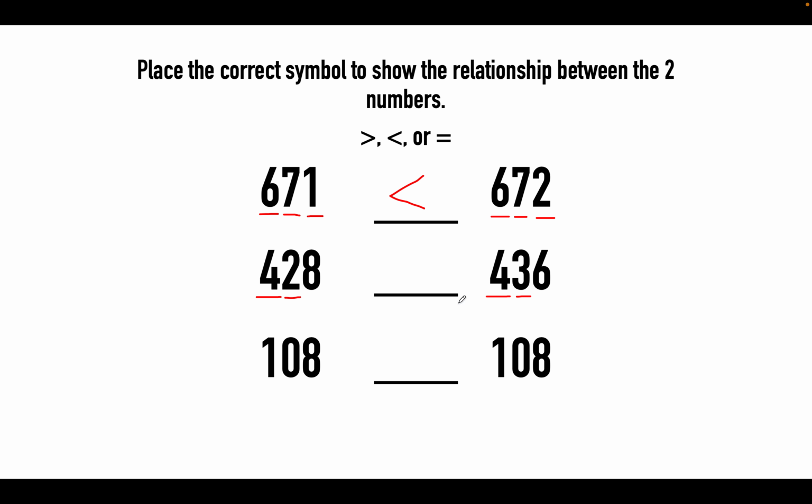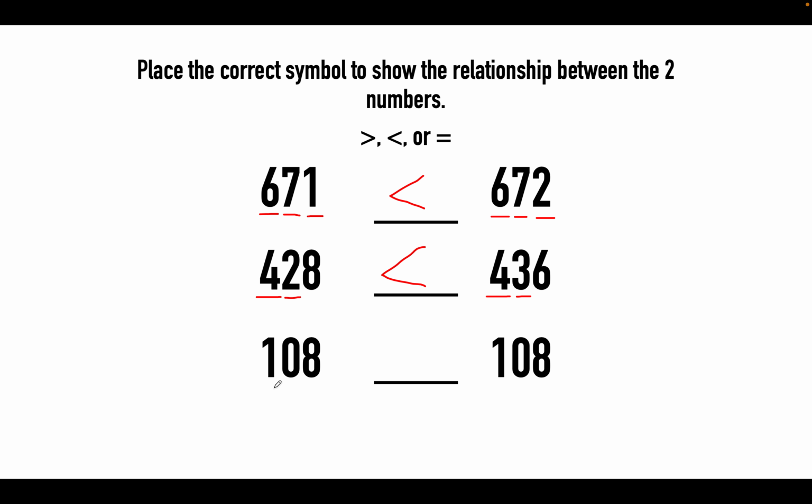Remember, we're still looking for the greatest number in the tens place, and in this case the greatest number is 3. So we know that this would be less than. So 428 is less than 436.